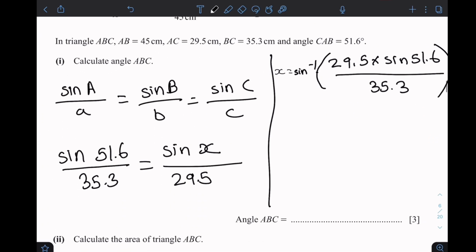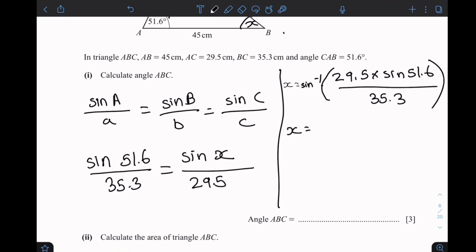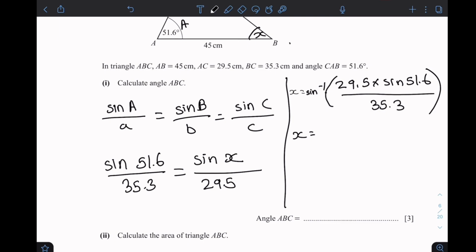Easy. So the answer I'm getting is 40.9 degrees.